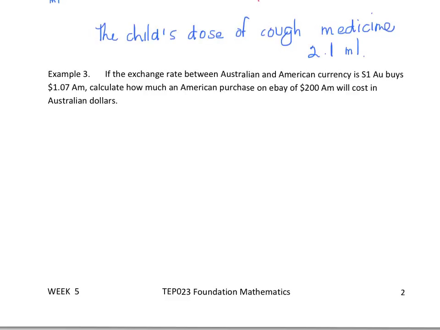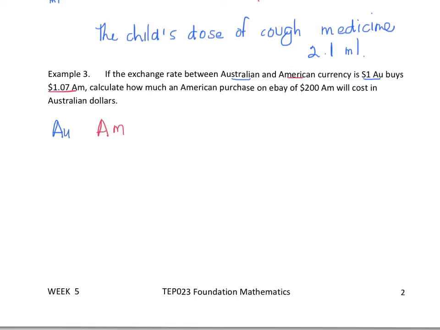So let's have a look. We've been given information of the exchange rate between the Australian dollar, so $1 Australian buys American $1.07.